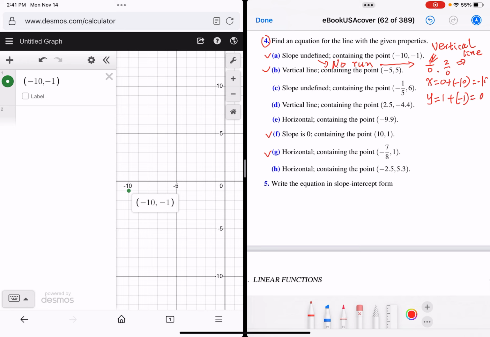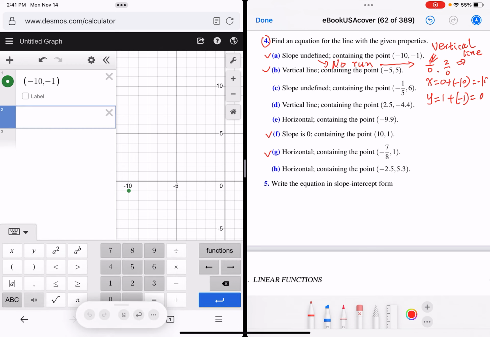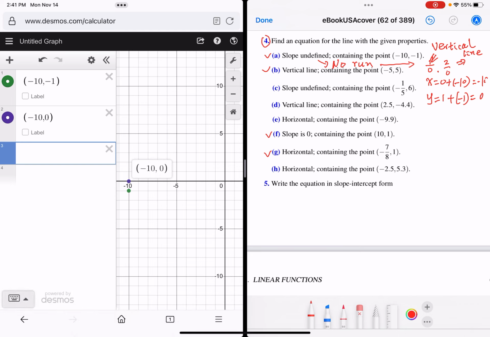So the point is (-10, 0). Where is that? You may put -10, and then 0. Okay, you hit enter. We have the point, here is (-10, 0).